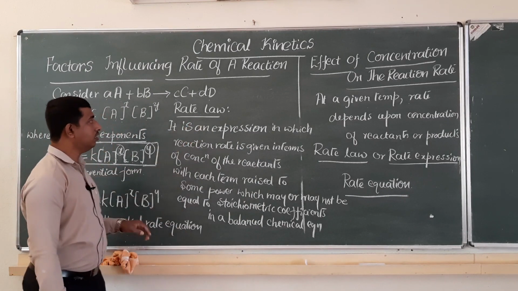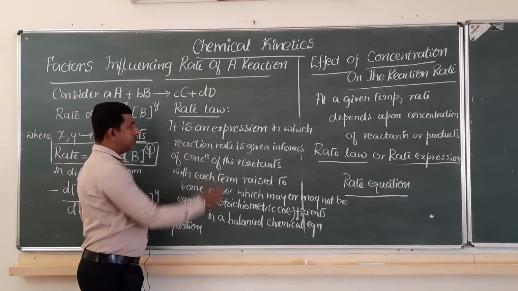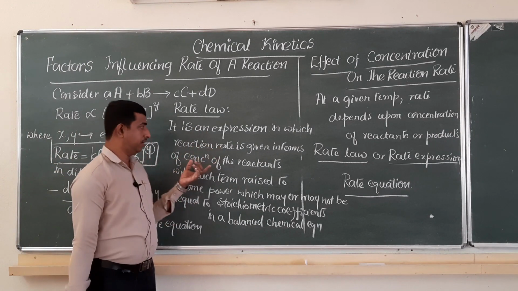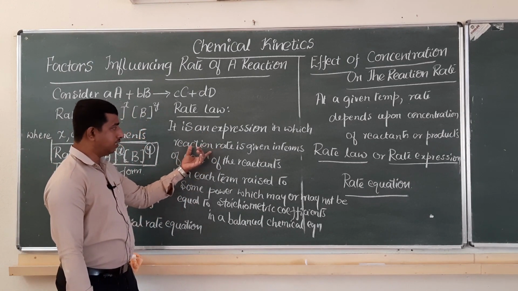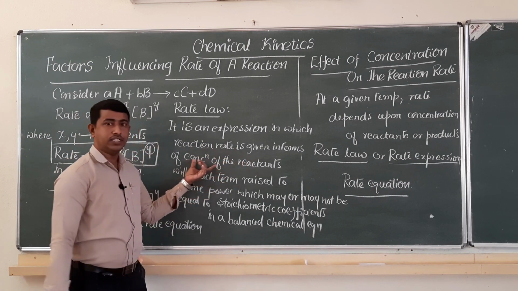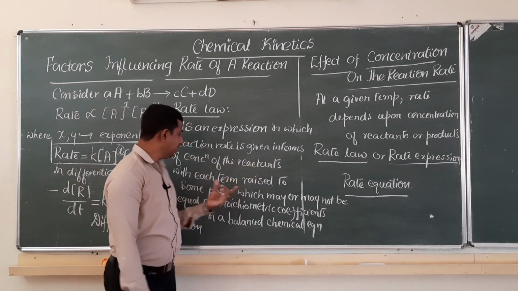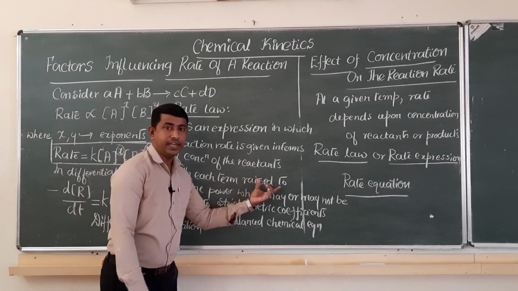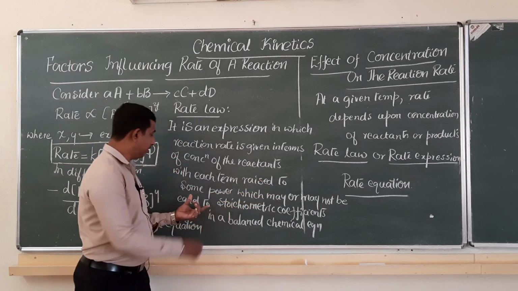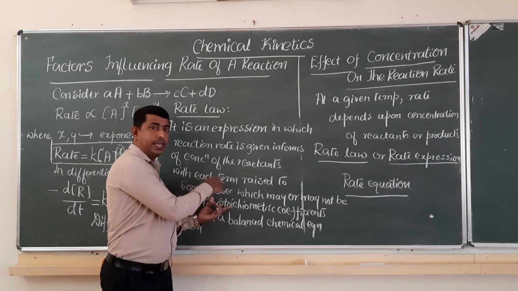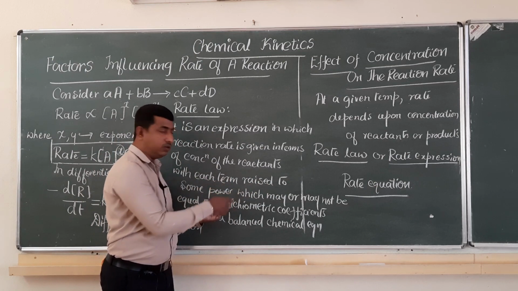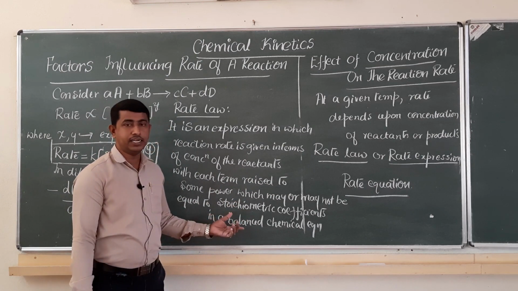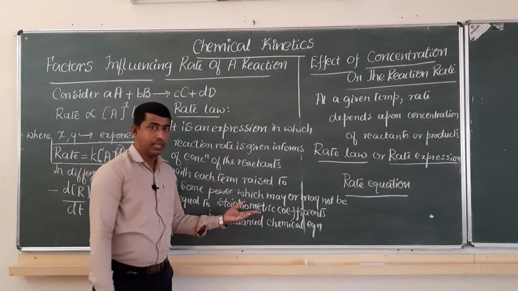So what is rate law? It is an expression in which reaction rate is expressed by taking concentrations of the reactants, with each concentration term raised to some power. The value of that power may or may not be equal to the stoichiometric coefficients present in a balanced chemical equation.